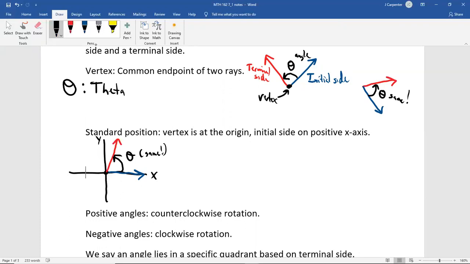Now, I've mentioned that the initial side doesn't have to be over here and the terminal over here. They can be swapped. You can, if you really, really want to, say that the initial side is here and that the red one is going to go below. So it's a matter of whether you want to rotate clockwise or counterclockwise. Positive angles rotate counterclockwise.